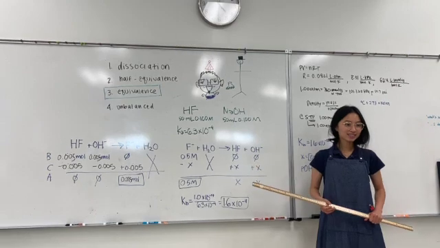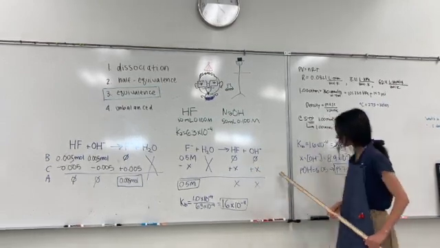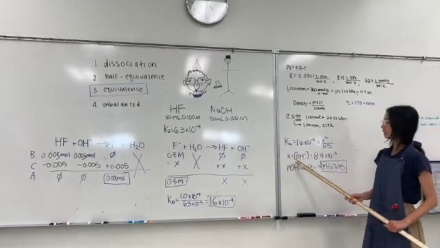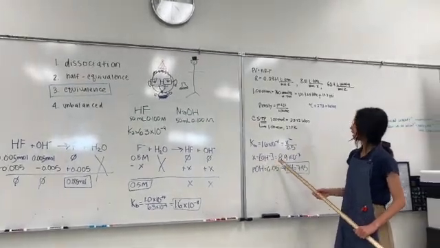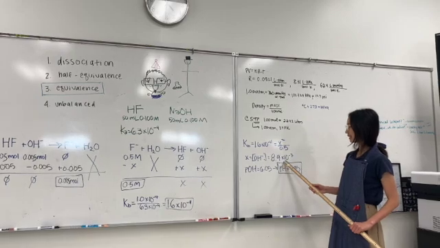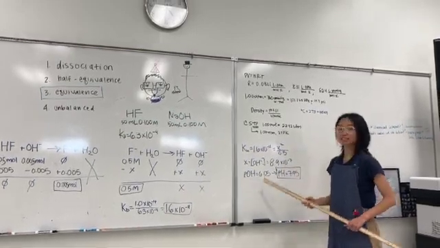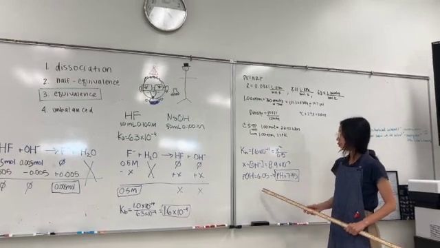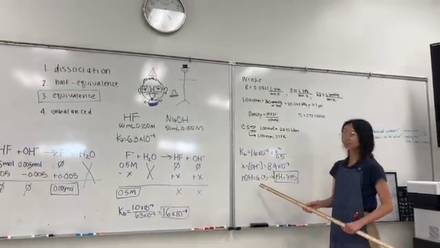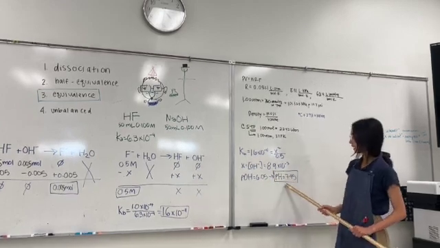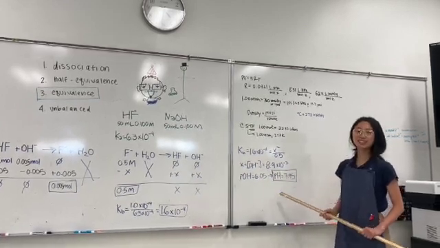Then, knowing that Kb equals x squared divided by 0.5, we can find x to be the concentration of OH minus, which equals 8.9 times 10 to the negative 7th. Now, remember, we know that pOH equals the negative log of the concentration, which means when plugging this in, we get 6.05. 14 minus 6.05 gets us the pH, which means that the solution is 7.95.